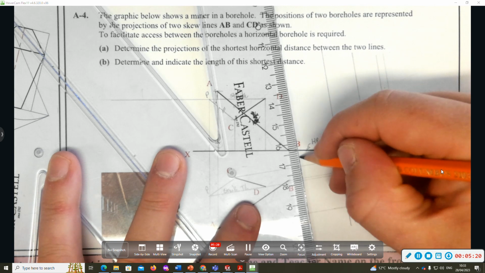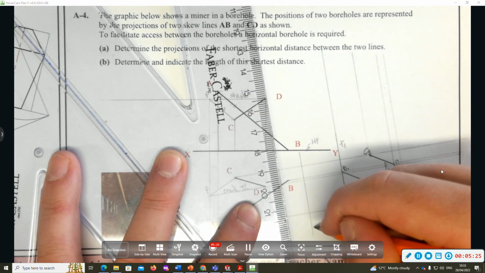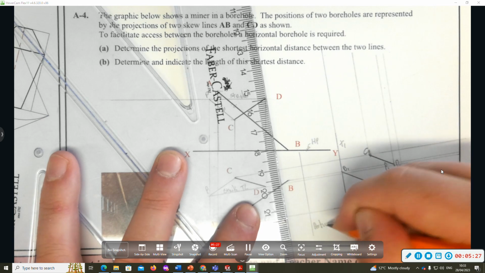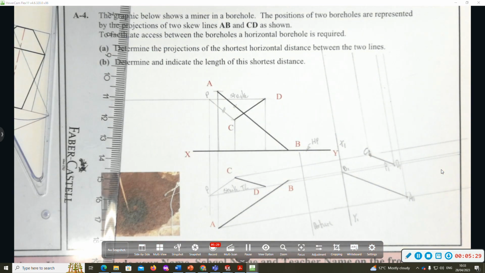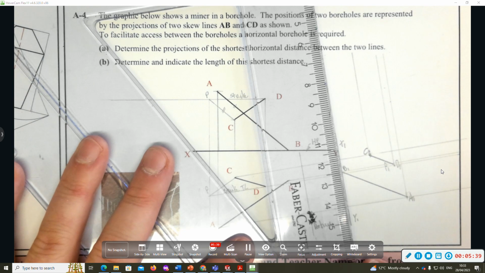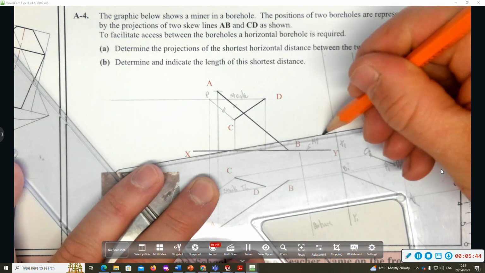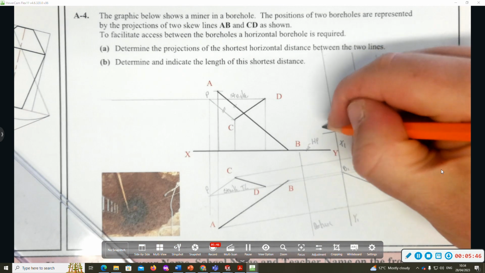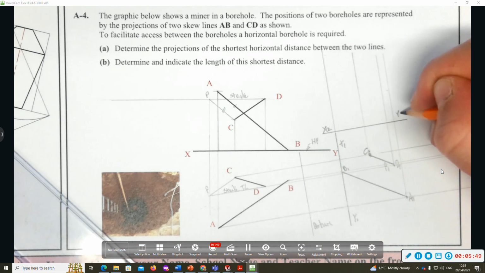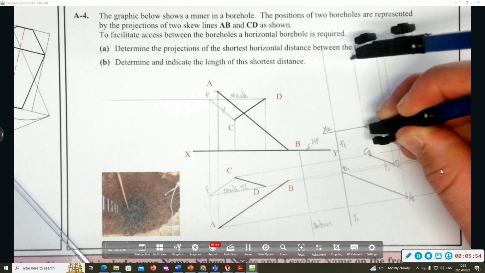I'm just going to draw in a datum line closer to my plan view, parallel to my X1, Y1 line, to take my heights from. Okay, so I'm going to get my compass, take the distance from the datum to point C. I have to draw in my X2, Y2 line. So I follow my point C up here.